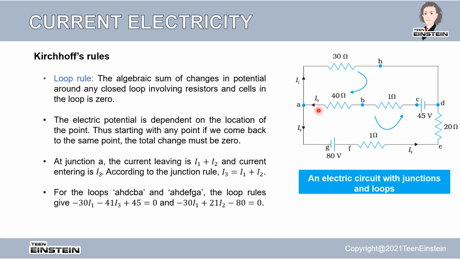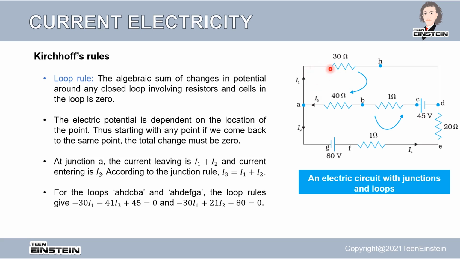Now we are going to apply the loop rule for this particular circuit. Let's take the loop AHDCBA, this upper loop. If you take the AHDCBA loop, there is a potential drop of minus 30 I1, because it is I multiplied by R as given by Ohm's law.